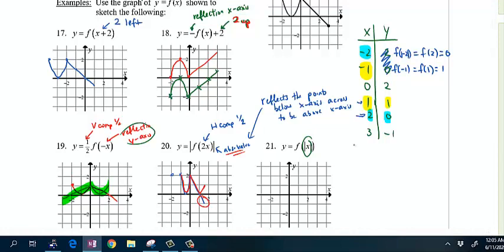Well, here's what's happening for number 21. You're eliminating all the points to the left of the y-axis, right? That's how I got rid of these. Goodbye, goodbye. And what did I replace it with?